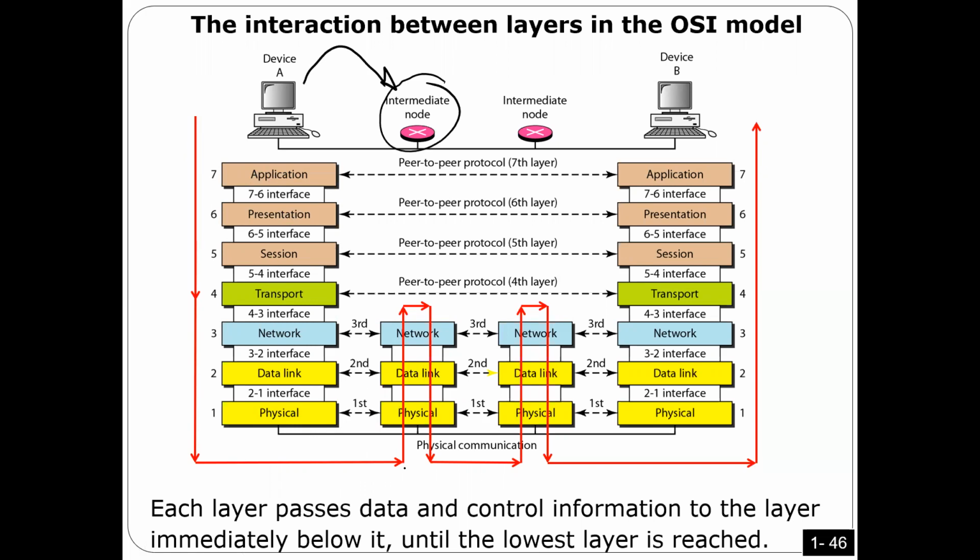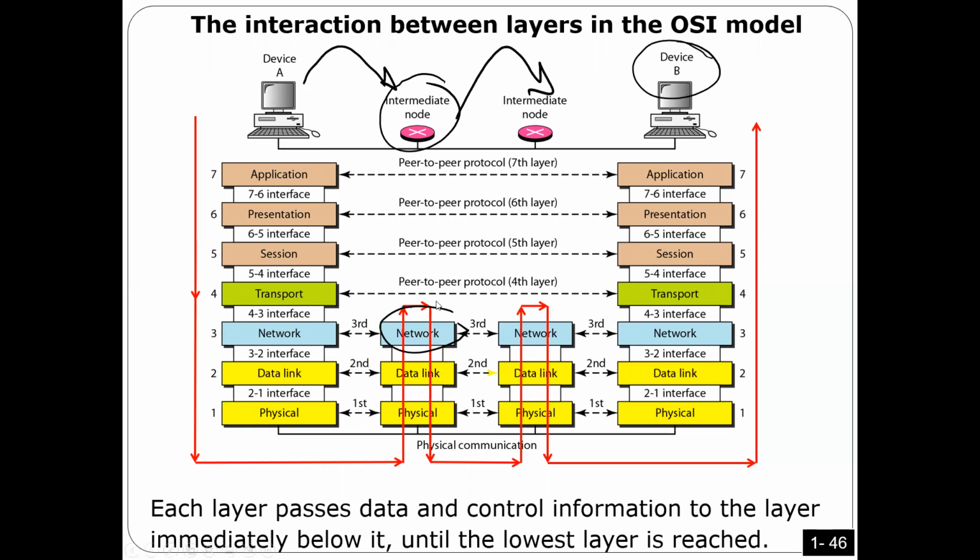Then in the router, this data is going to go up until the network layer. As I'm going to explain, the network layer is responsible for routing. It should decide, if I receive a packet, how I'm going to route or send this packet so that it is delivered to the destination.